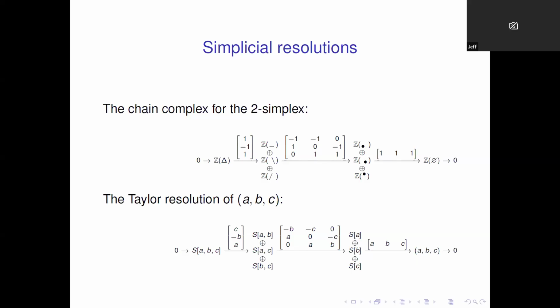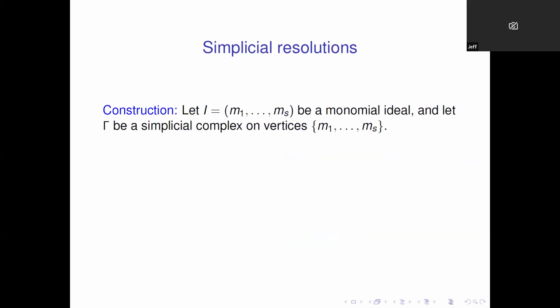But otherwise, these things are exactly the same. So in particular, if we had started with a two simplex and decided that its vertices were named for the generators, we could take that chain complex, force multi-degrees onto it, and we'd get this Taylor resolution.